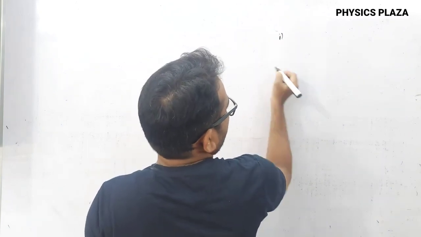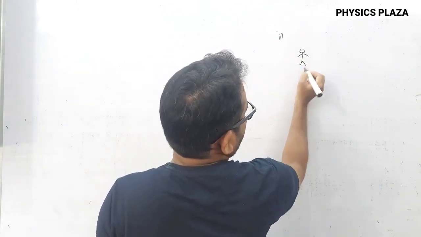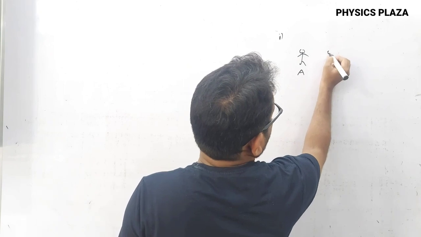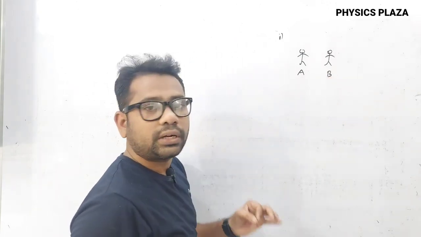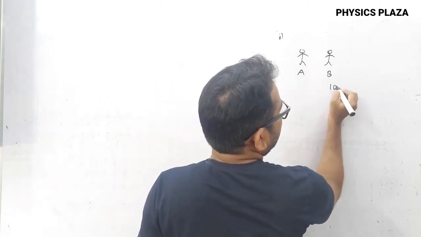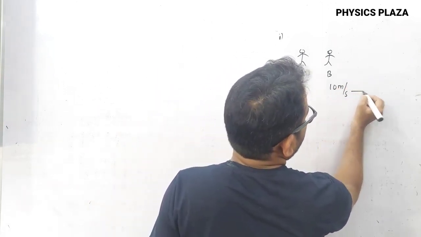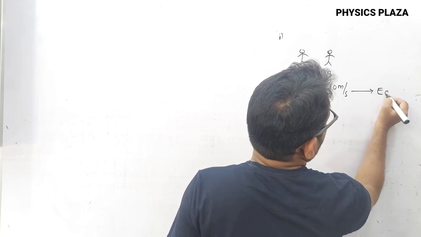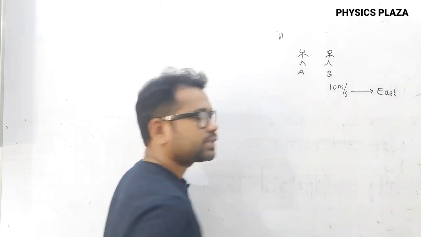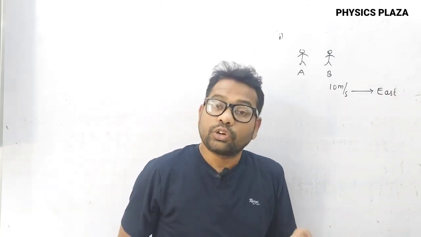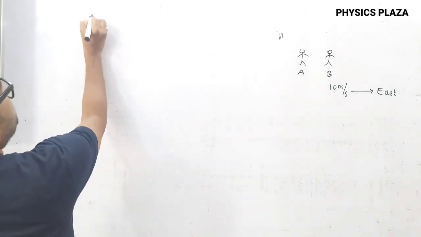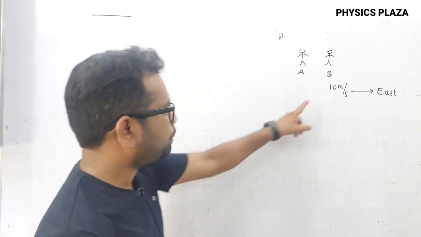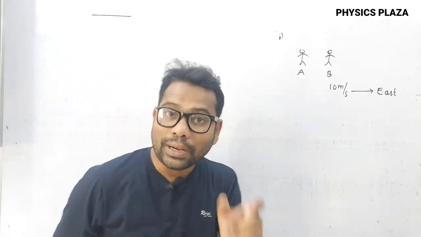Suppose here two persons, let us say person A and person B. Try to understand: person A, person B. Both are running with 10 meter per second in the east direction. How can we represent this? Both magnitudes are the same, so I should take the same length.